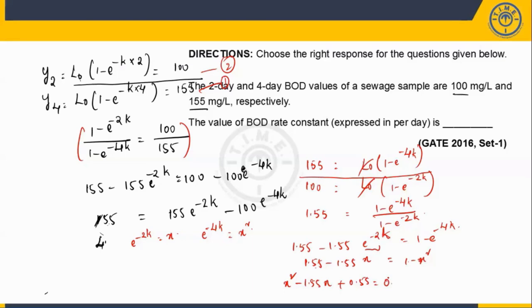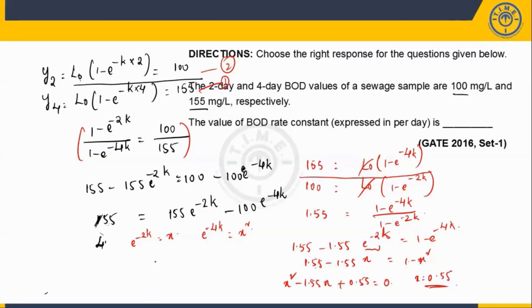Solve this and tell me the value of x. Sir, I don't know how to calculate this in a calculator. Okay, you practice it using YouTube. From this we will get x equal to 0.55.